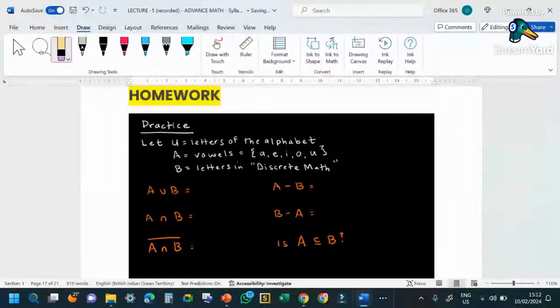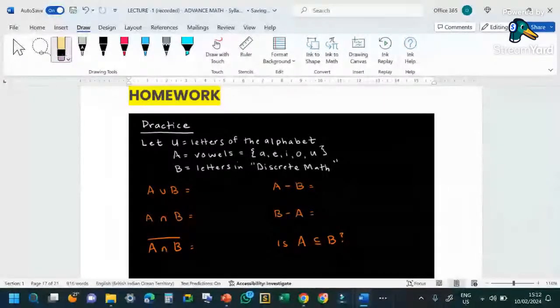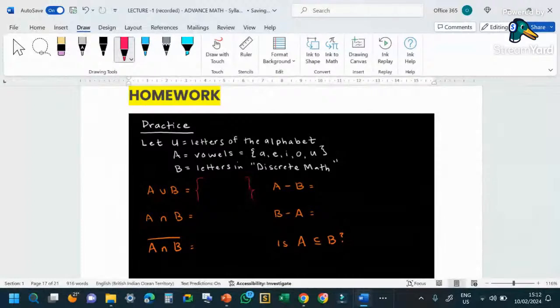So I want you to put in the braces what are the elements of A union B, what are the elements of A intersection B, the elements of the complement of A intersection B. They are not the intersections. The difference of A and B minus A.